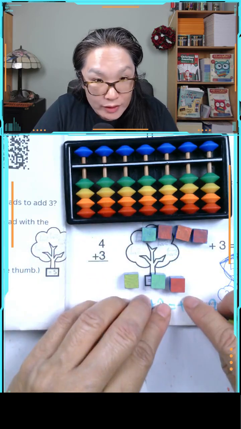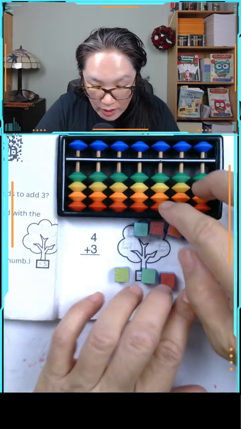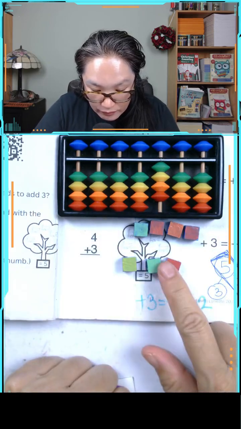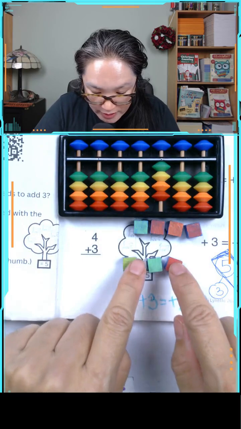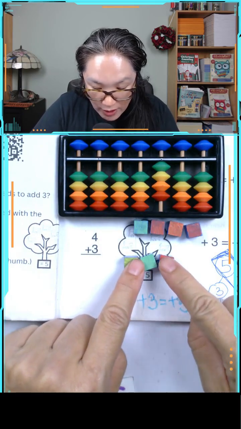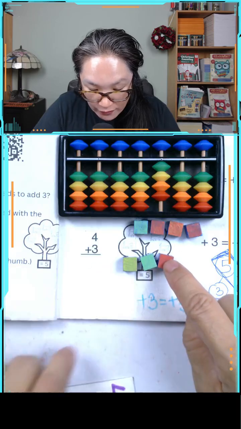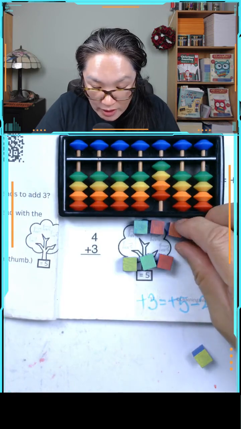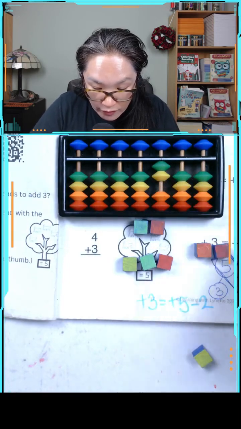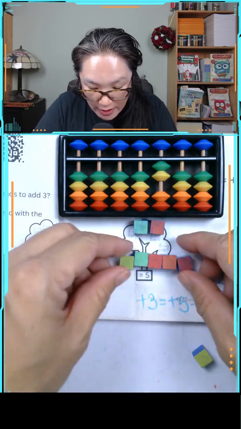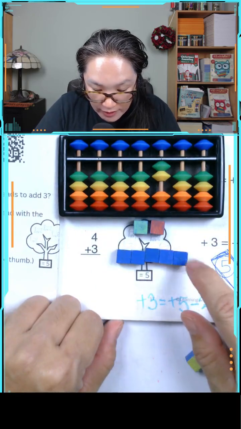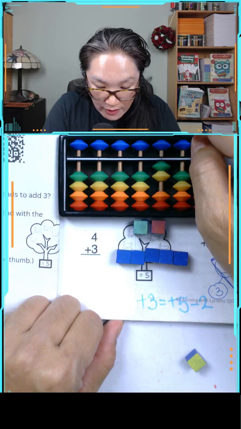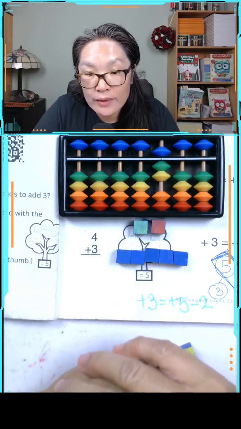I want to make a 5. 3 has to round up to 5. To round up to 5, we have to plus the 2. So we take away 2 from the 4 and add it to my 3. I have now made a 5. So my final answer is 7. 5 plus 2 is 7.